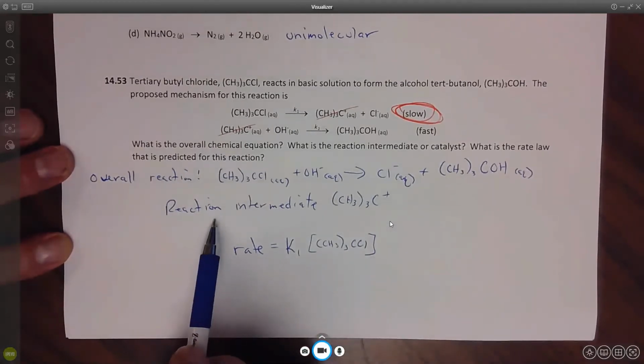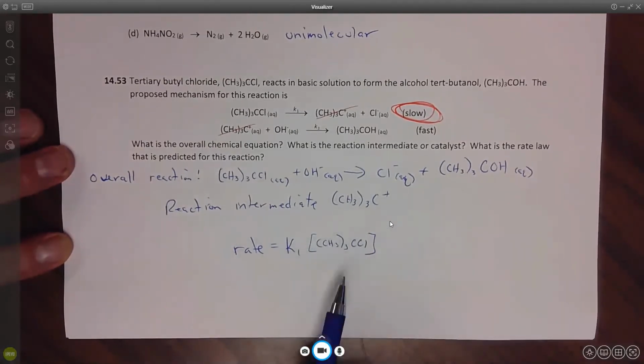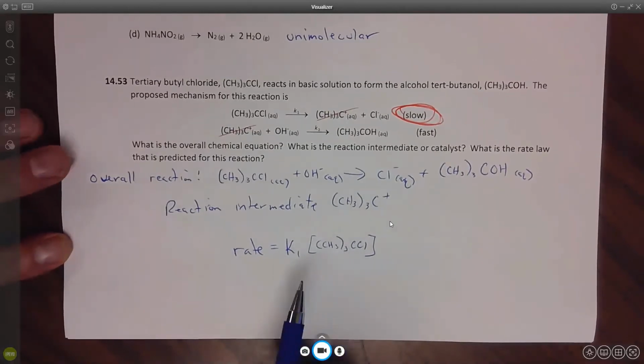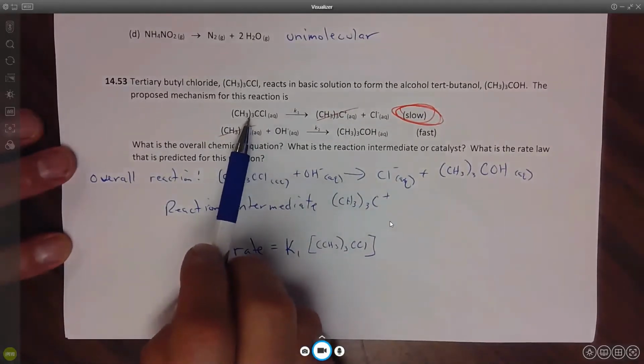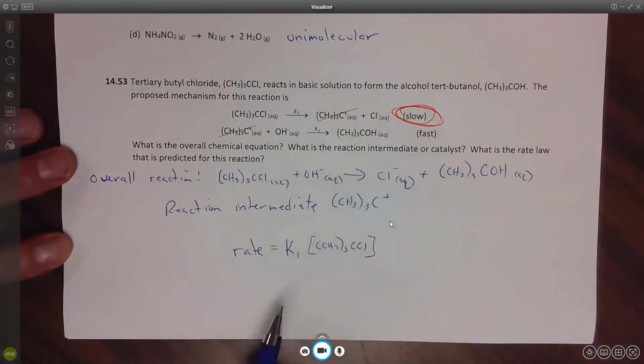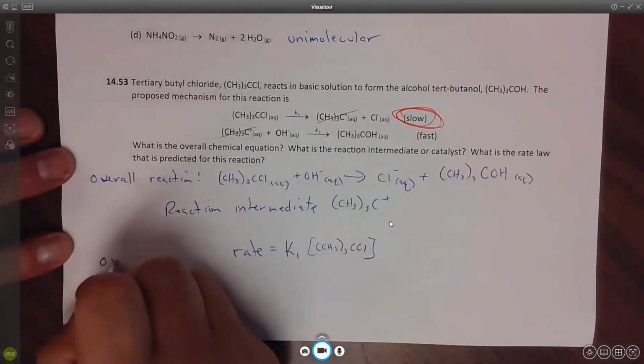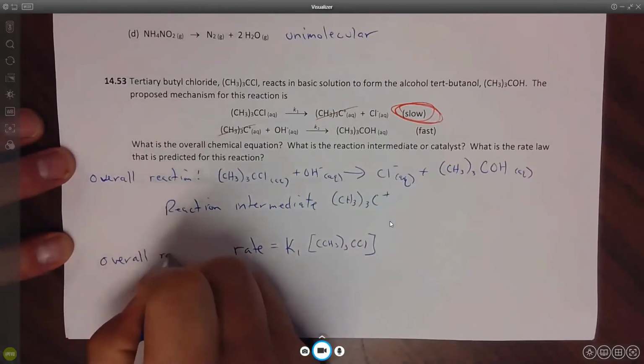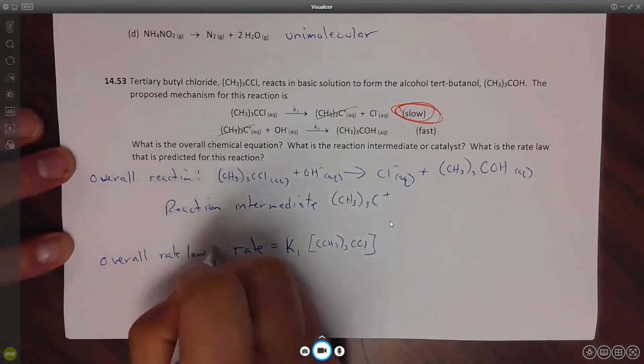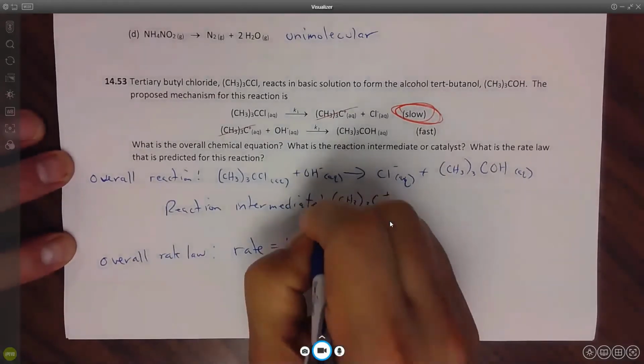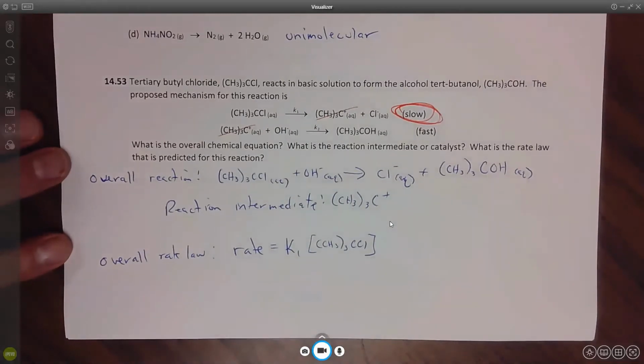If it's a reaction intermediate, it cannot be in the overall rate law. So this not only is the rate law for the elementary step, this ends up being the overall rate law as well. Okay, any questions about that?